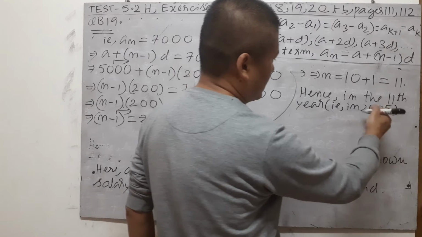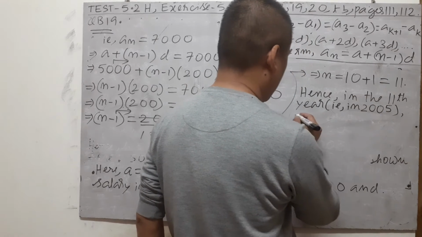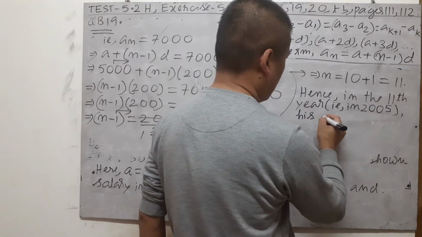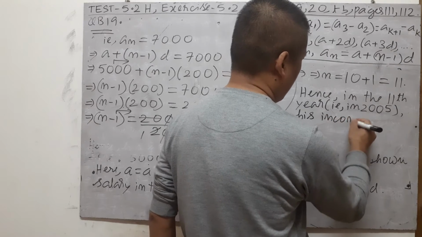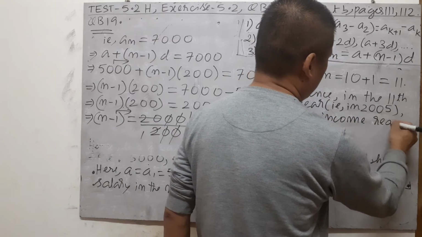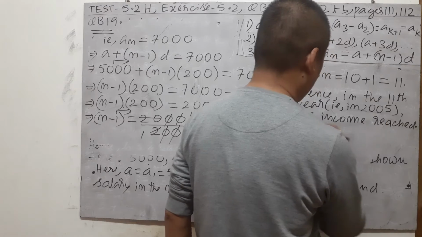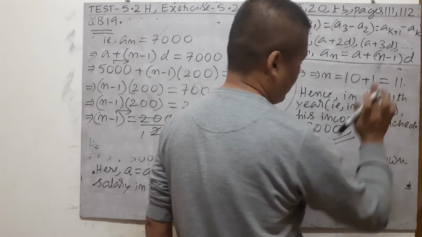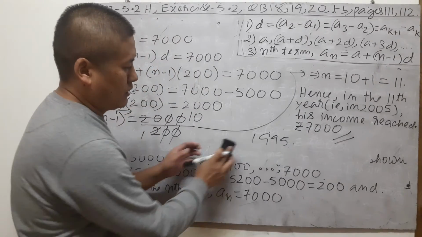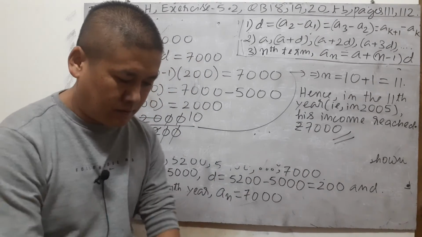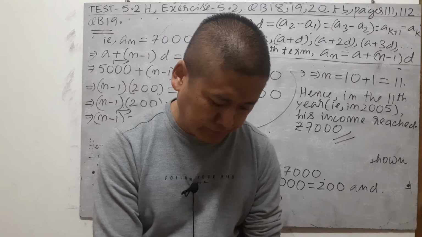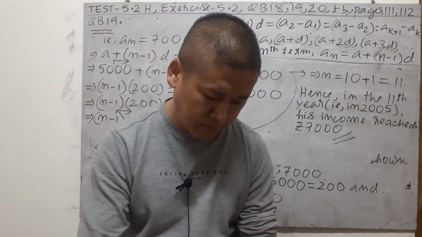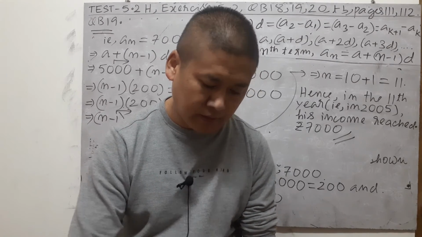In the 11th year, that is in the year 2005, his income reached rupees 7,000. So the 11th year is our answer. Let me check the answer at the back. 5.2, number 19. Yes, 11th year.